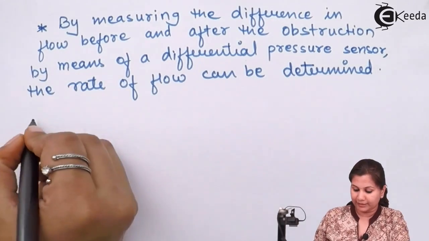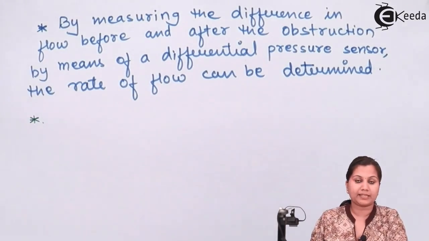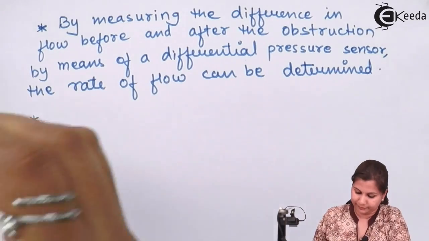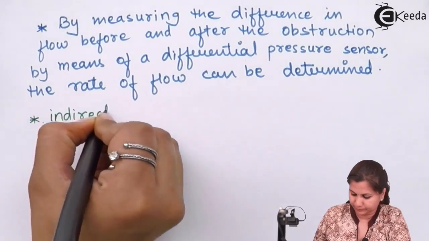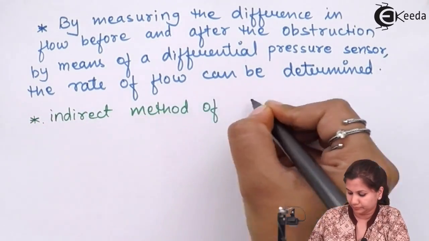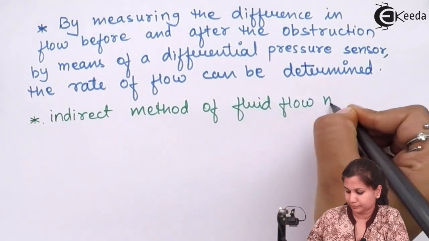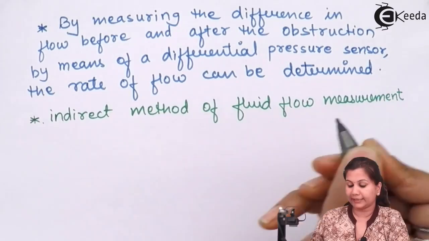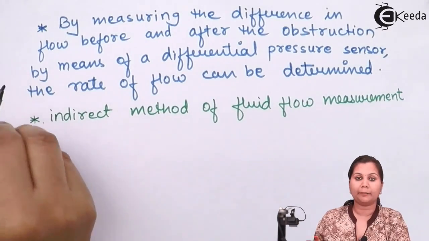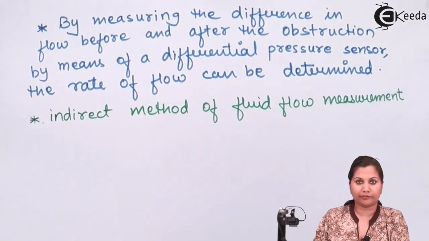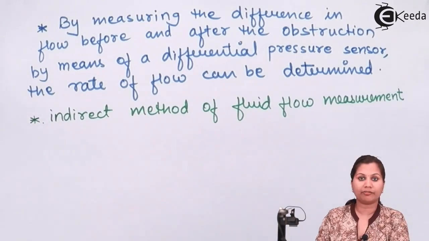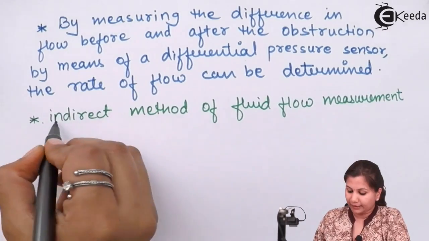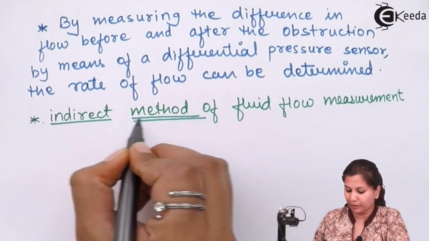So we can say that orifice plates are a type of indirect method of measurement. The orifice plate does not directly measure the flow rate of the fluid, but it measures the pressure difference, and by measuring the pressure difference it finds out the rate of the flow. So it is an indirect method of flow rate measurement.